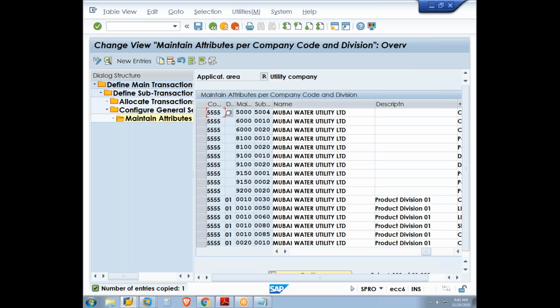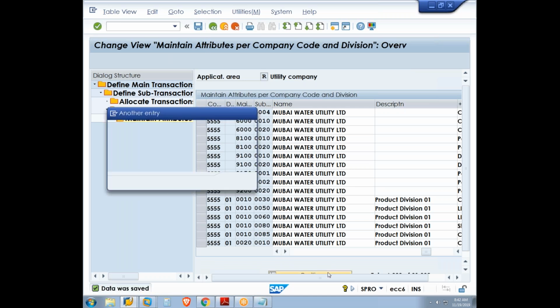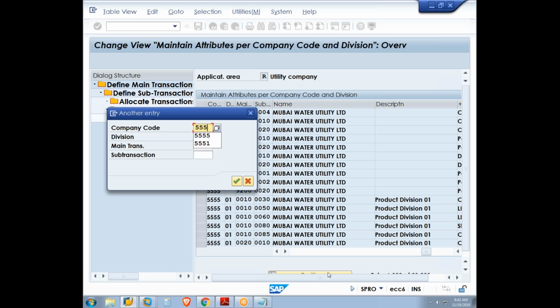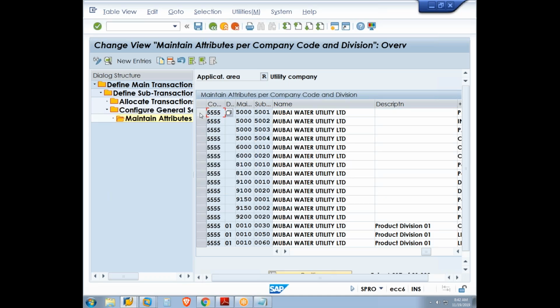Then save it. That means we have maintained all the possible combinations of data for 555, main transaction 5000. So we have 4 possible sub transactions: 5001, 5002, 5003, 5004, and all these 4 basically cause the debit entry to the contract account.